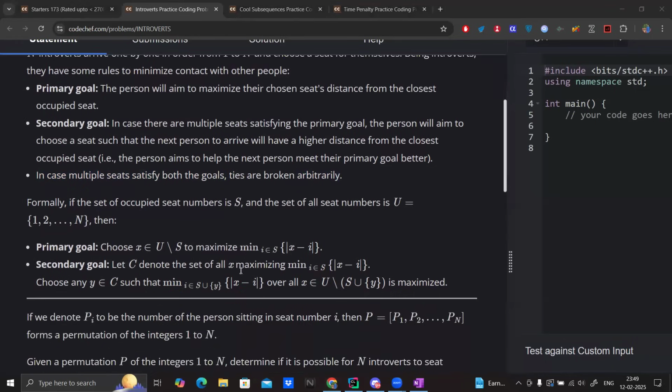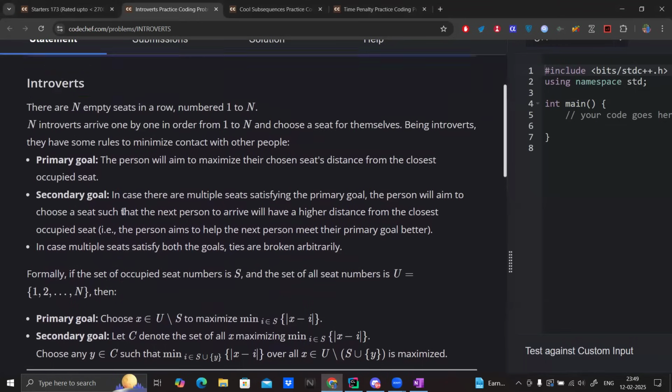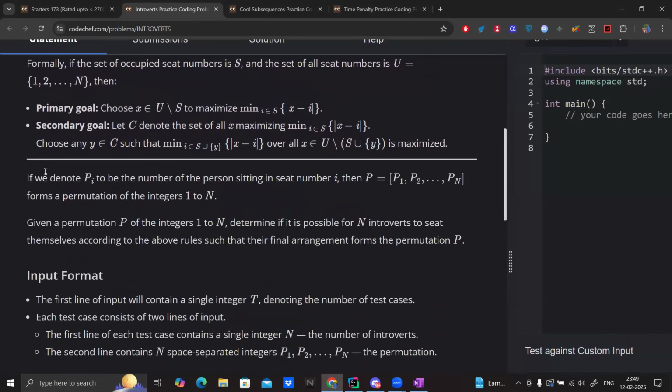Now, formally, they have given the formal definition. We don't need that because we understood what they want to say. If we denote p_i to be the number of the person sitting in seat number i, then p_1 to p_n is a permutation, right?